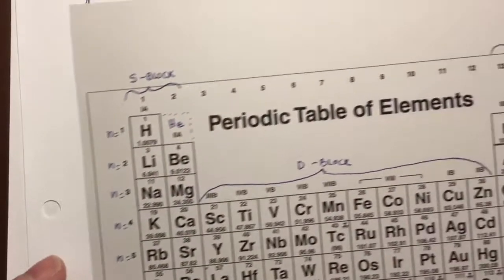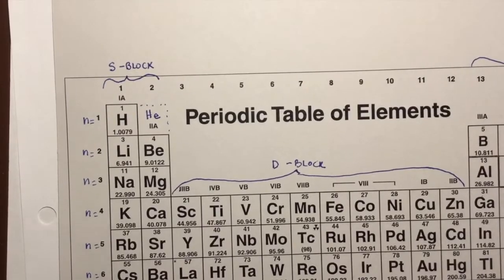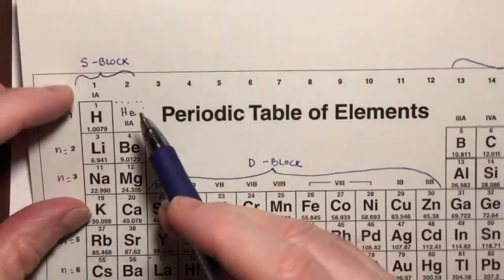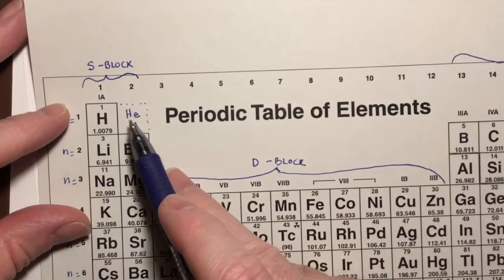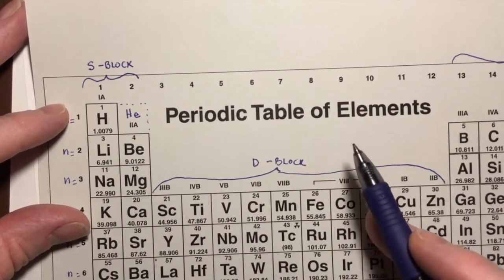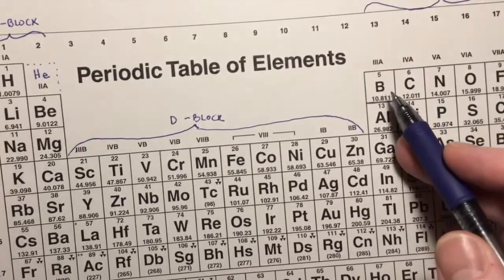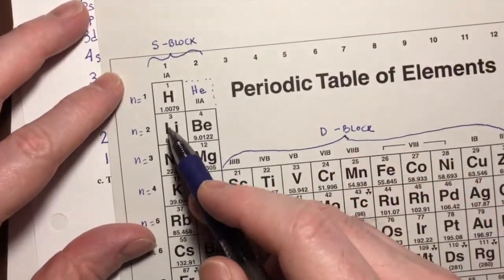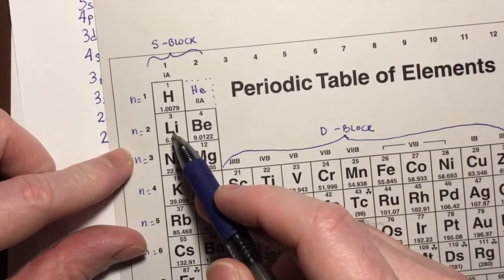And as we do, I would like for you to take note of the periodic table. So what we're going to do is we're basically going to start counting off the number of electrons that an atom has. So let's take, for example, the next one, lithium. It has 3 electrons.